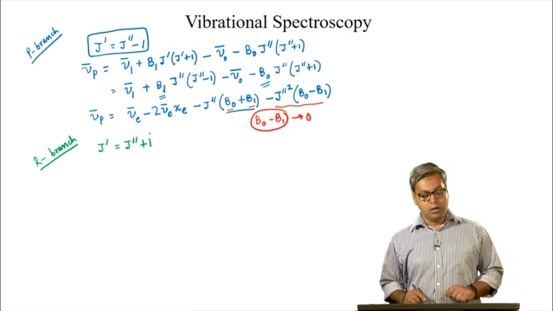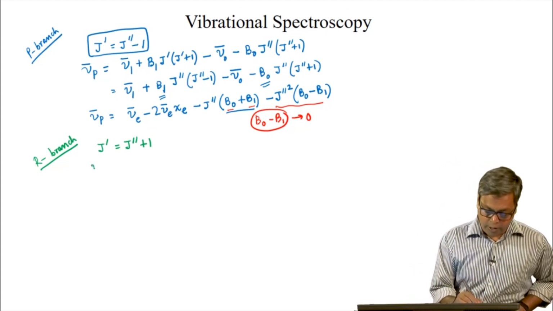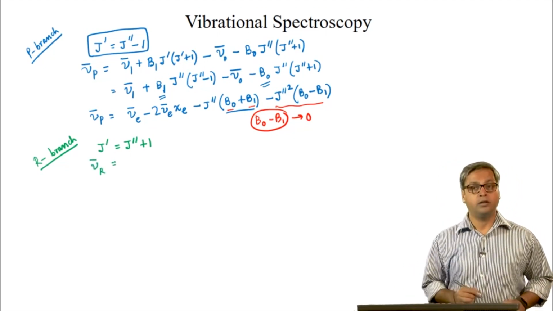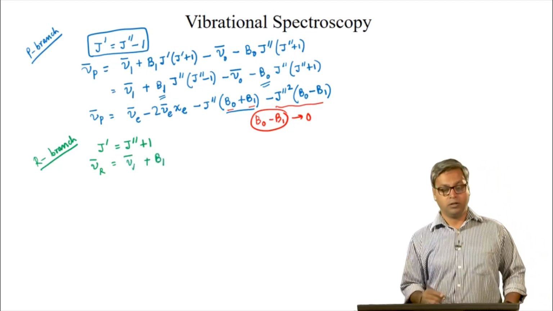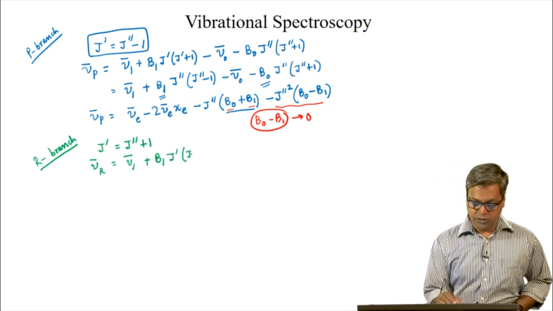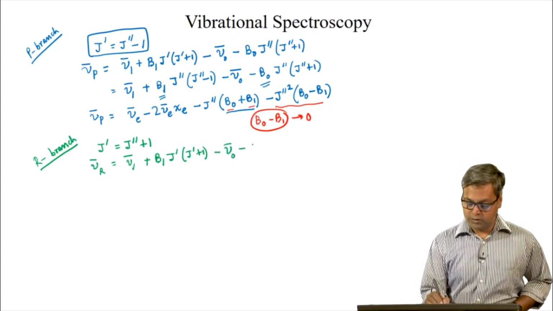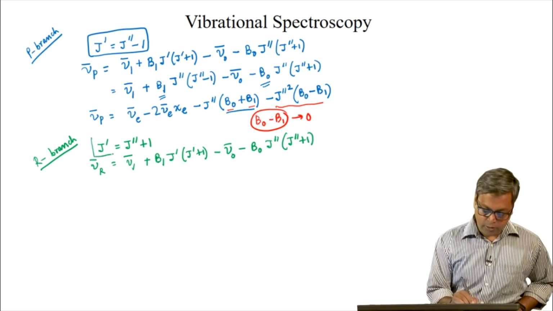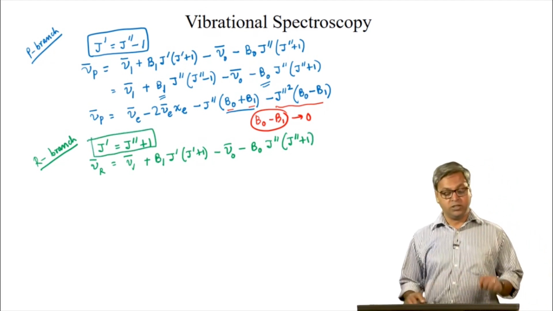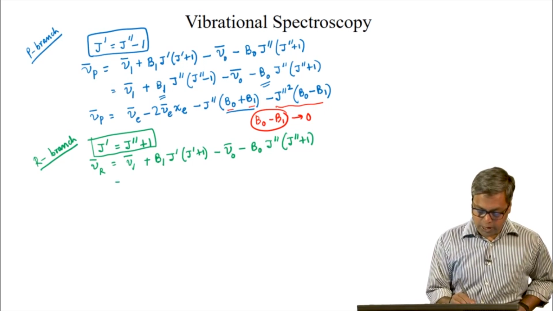So, the energy expression for the R branch would look like, we can write nu bar R equals nu bar 1 plus B 1 J prime times J prime plus 1 minus nu bar 0 minus B 0 J double prime times J double prime plus 1. But in this case, we will use J prime equals J double prime plus 1. And if we do that, what we get?